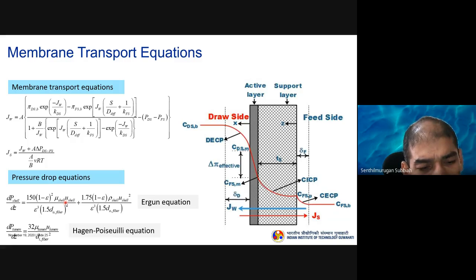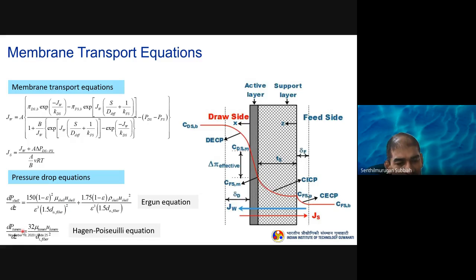This is a typical equation which we use for a packed bed, which we call the Ergun equation. So if we know the porosity, diameter of the fiber, and the viscosity of the fluid, we will be able to calculate the pressure drop for a given velocity of the fluid in the cell side.